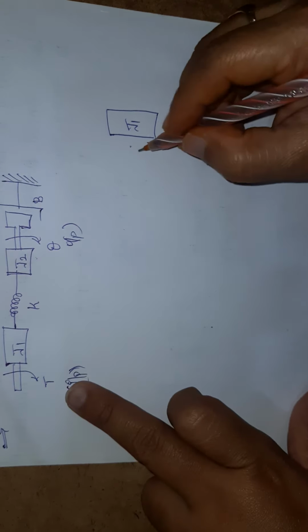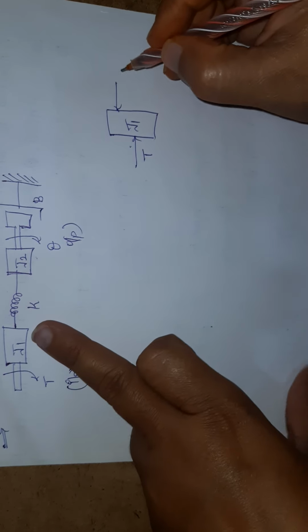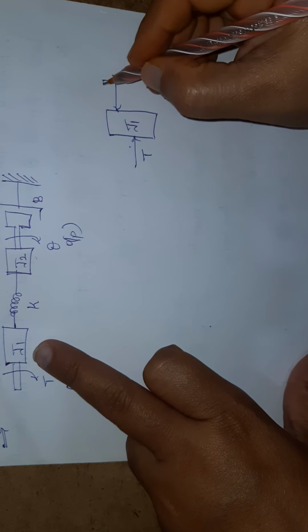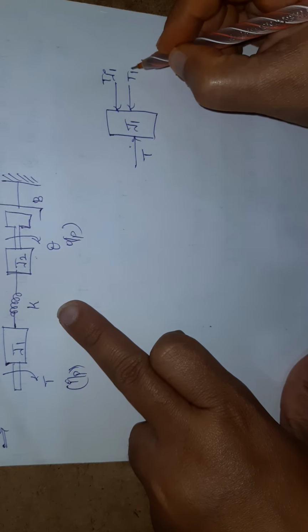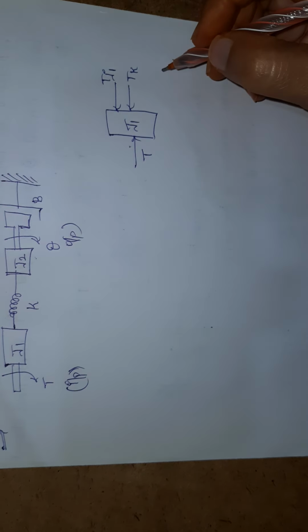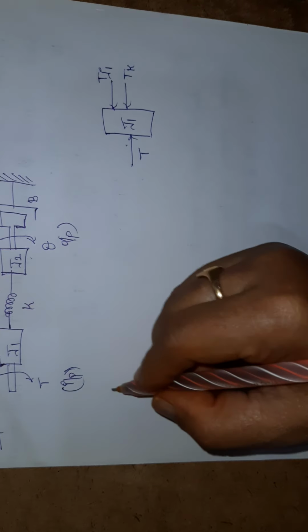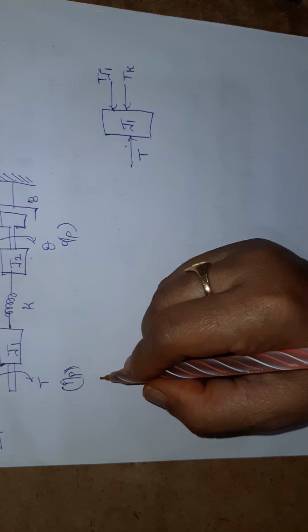For J1, torque is applied, and what are the opposing forces on J1? On J1 is Tj1, next Tk, like this. Okay, so here you have to write the free body diagram and you have to apply Newton's second law. So what is the free body diagram here?